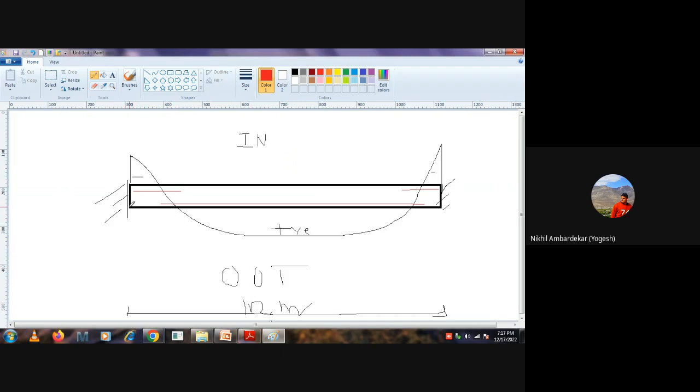So you are providing reinforcement here, here, and here. Okay. So this is about the horizontal reinforcement. I can show the vertical reinforcement like this. Don't worry about the diameter and spacing, I'm just trying to explain at the conceptual level.